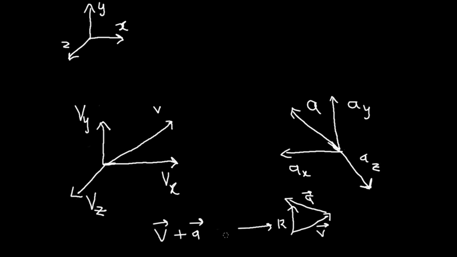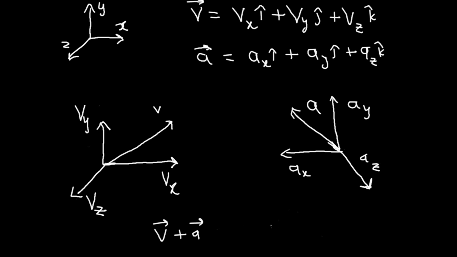So what do you do in such situations? How do we calculate vector v plus vector a? How do we find the answer? We can represent the vector v as vx i cap plus vy j cap plus vz k cap, this way. And if you want to add vector v plus vector a, then we just need to add the components of these vectors, like vx plus ax.